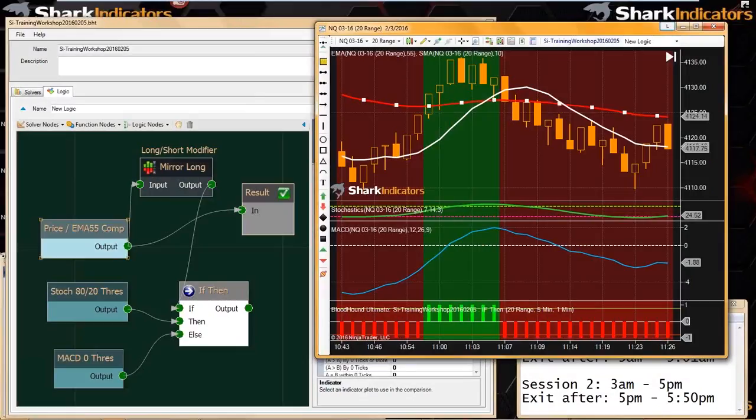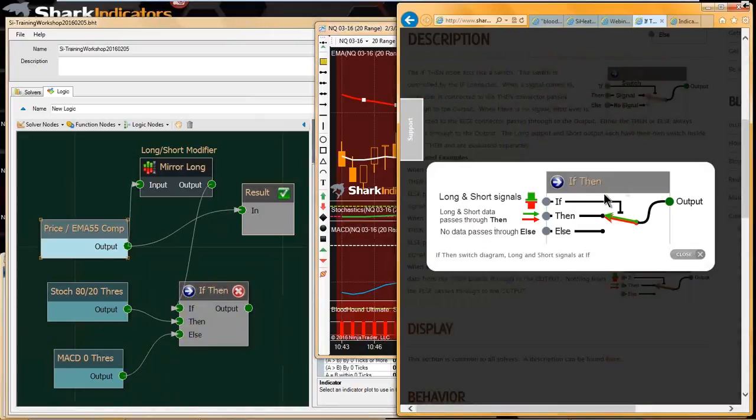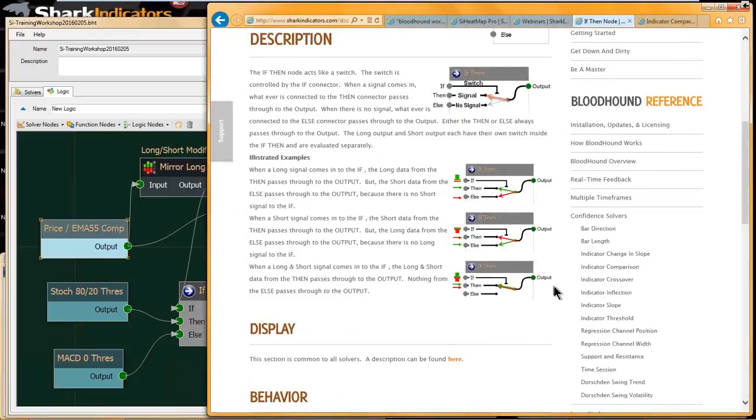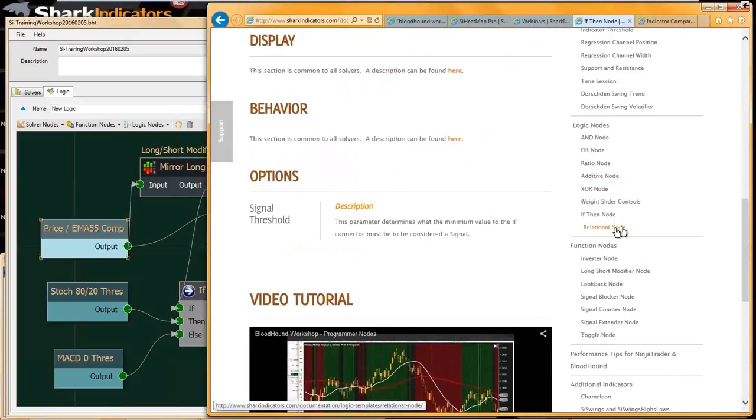Mike also asked about the relational node. Let me pull up the website here. All right, so I'm going to pull up the page for the relational node.